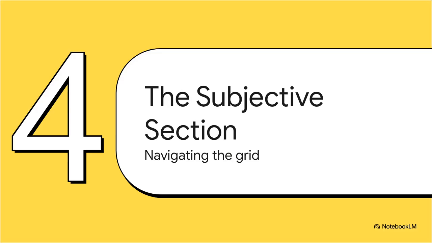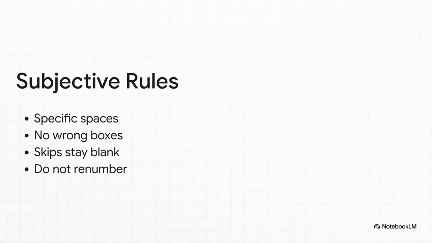All right, Section 4, conquering the subjective section, navigating the grid with confidence. So the subjective section has very strict spatial constraints. Let's methodically break down these rules. First, every single question, part, and subpart has a specifically allocated space. You must write only in the prescribed area.